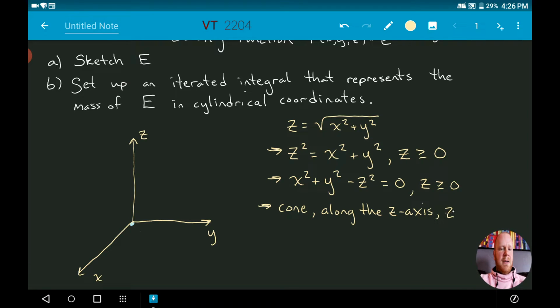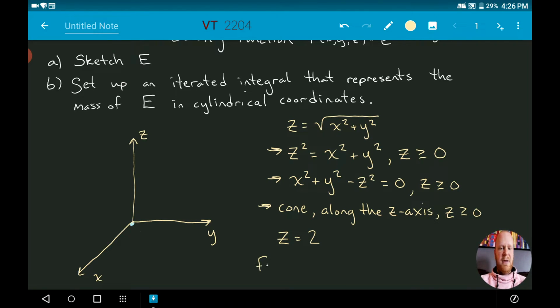And then I still need this piece of information that tells us that this is just the top half, or the positive z values, of that cone. Z equals 2 is just the plane of the floor, the xy plane, moved up 2 units. So that one will be pretty straightforward to sketch.